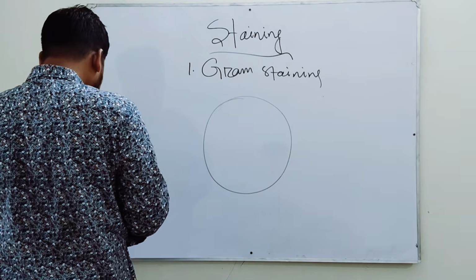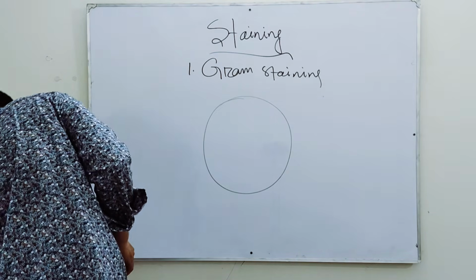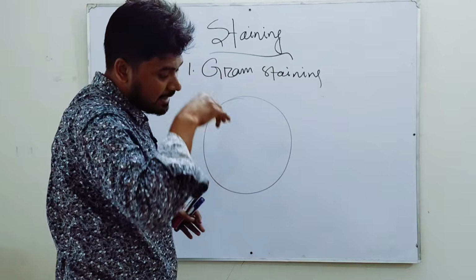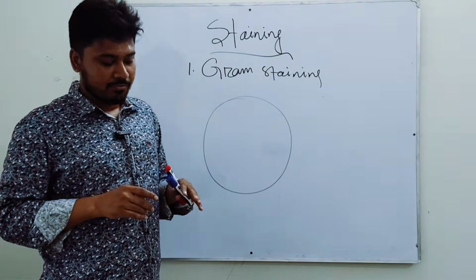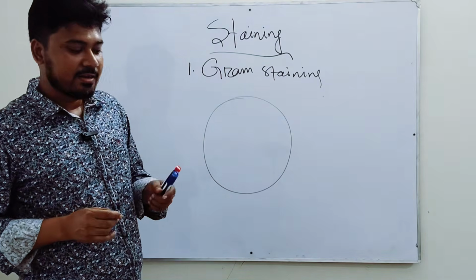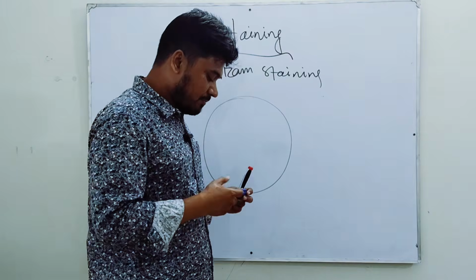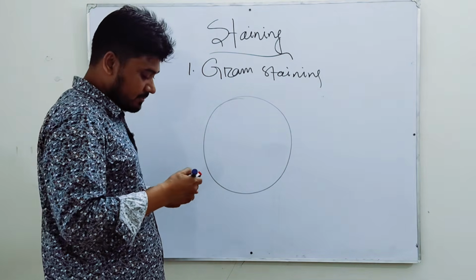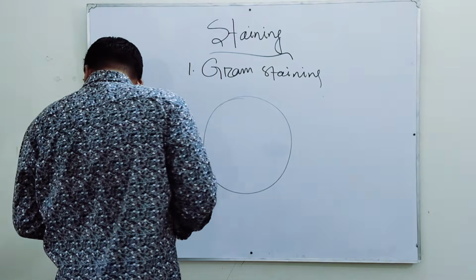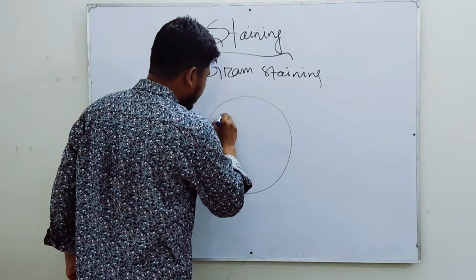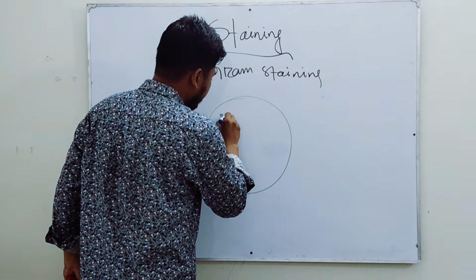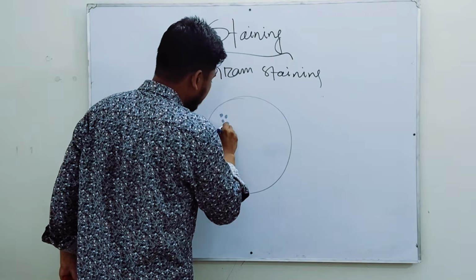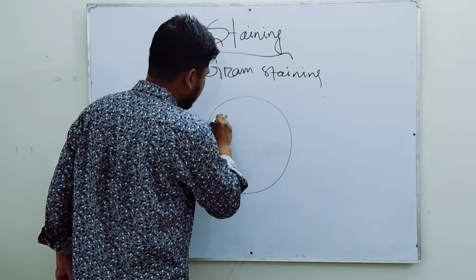In case of gram-positive bacteria, the peptidoglycan layer is thick. So this peptidoglycan layer is not completely decolorized by acetone, and they retain the primary stain, that is crystal violet. That's why gram-positive bacteria take violet color on gram staining.